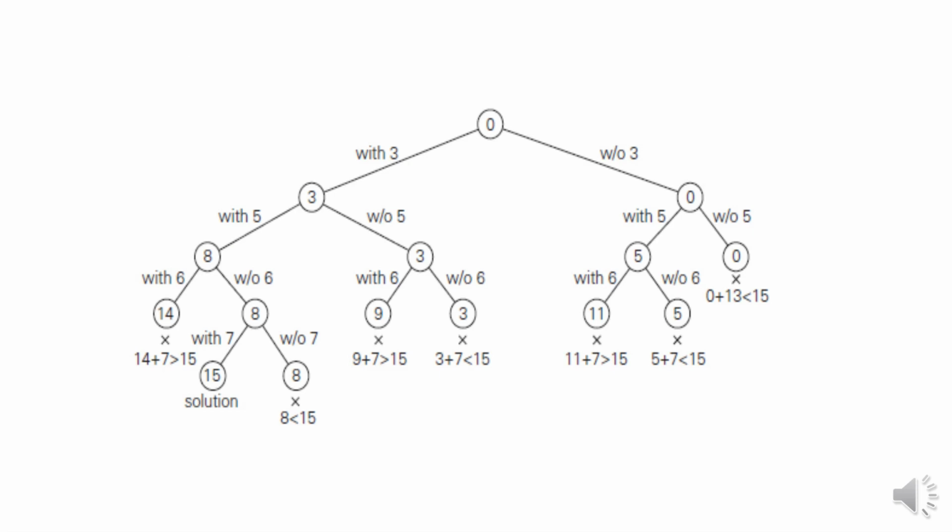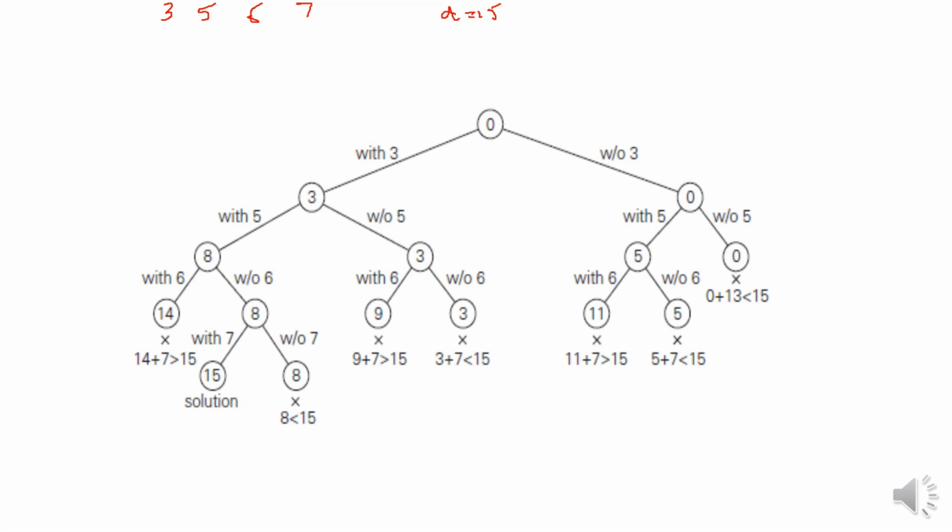Let us construct the state space tree for the given example. Set of elements is 3, 5, 6 and 7 and d value is given as 15. We start with the root node and the value that is present in the root node is initially 0 to indicate none of the elements from the set were included in our subset.